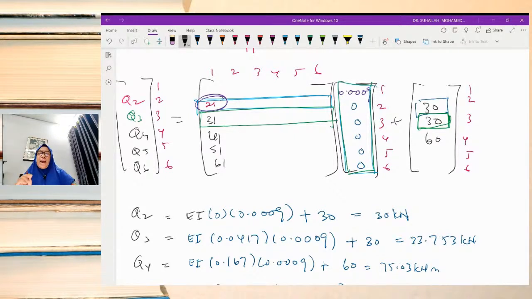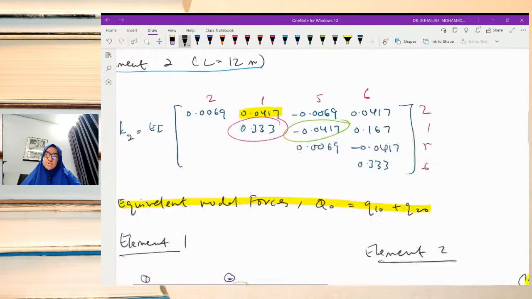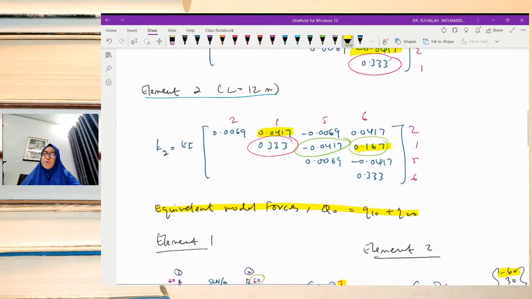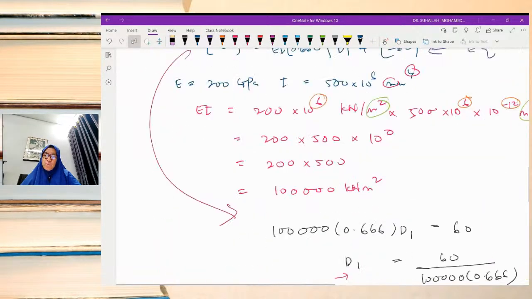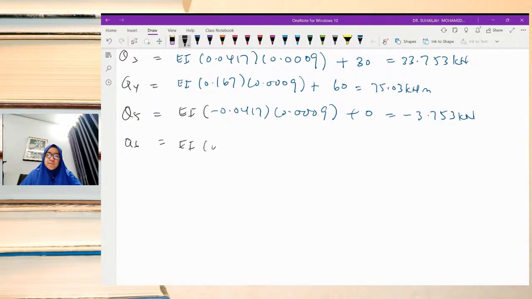Find the value at position 6,1. 6,1 is 0.167, the same as before. So 100,000 times 0.167 times 0.0009 plus 0.